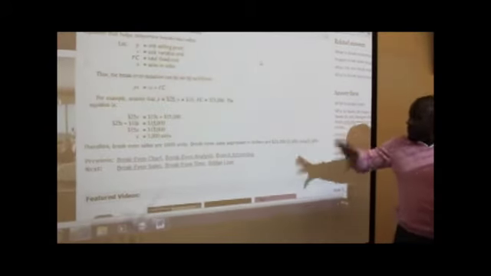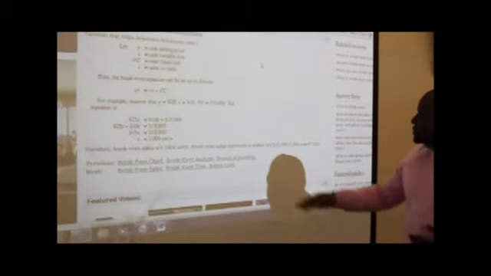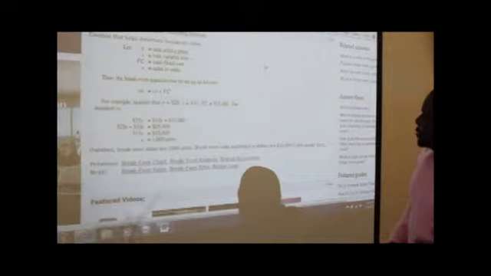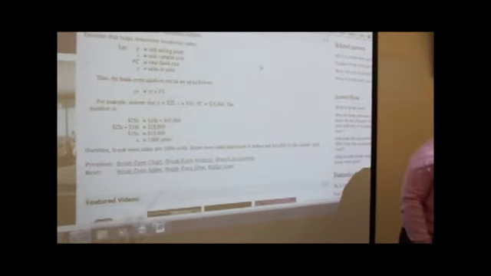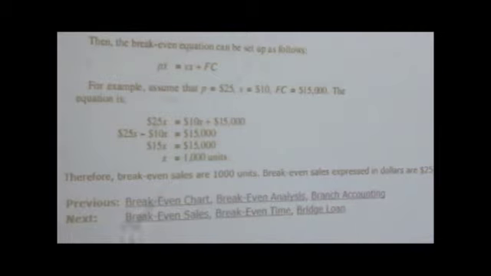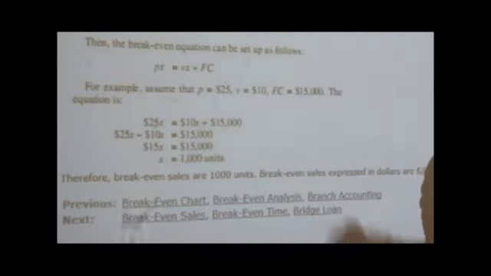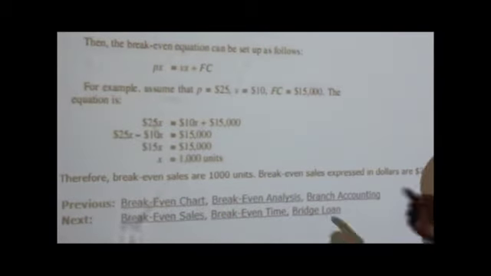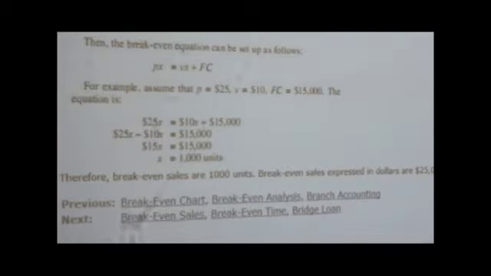All right, don't worry about this part so much. To make that a little simpler, say you sell your janitorial mop bucket for $25, but it costs you $10 to get that mop bucket.